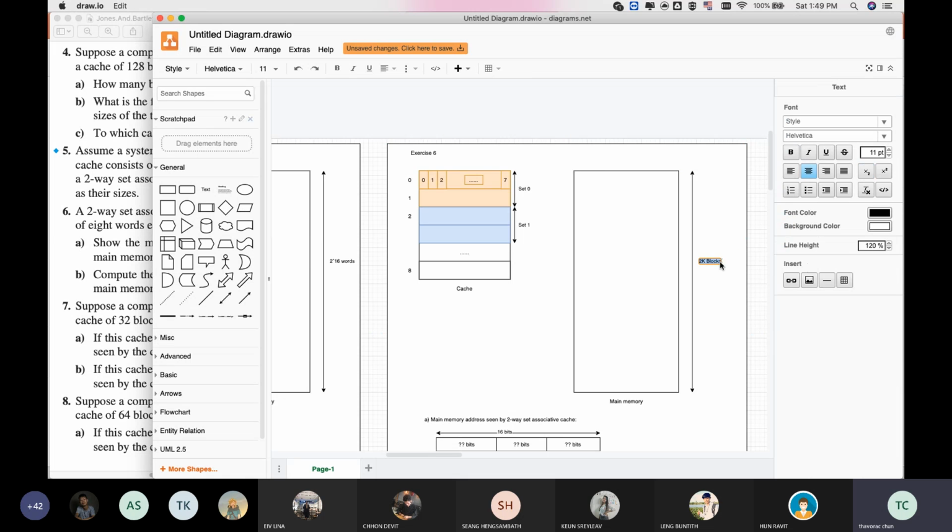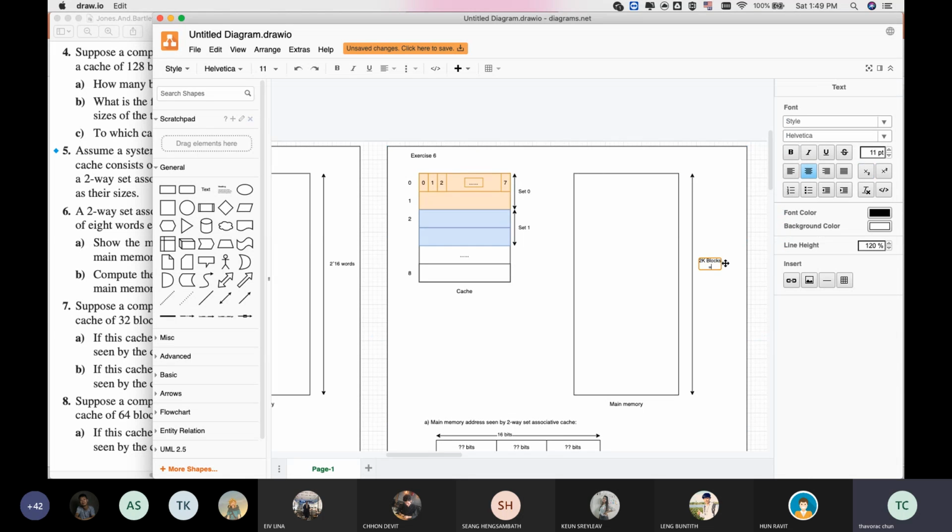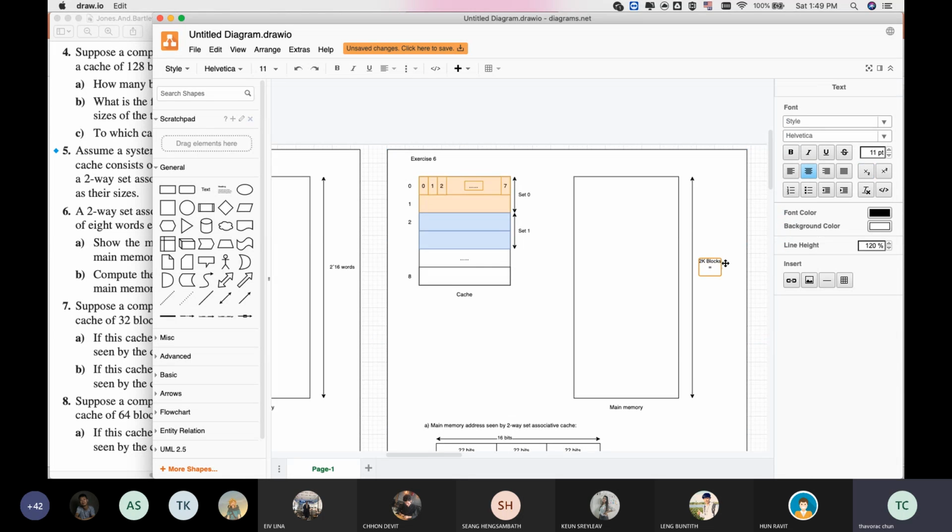So in total, you can have 2K multiplied by 8.